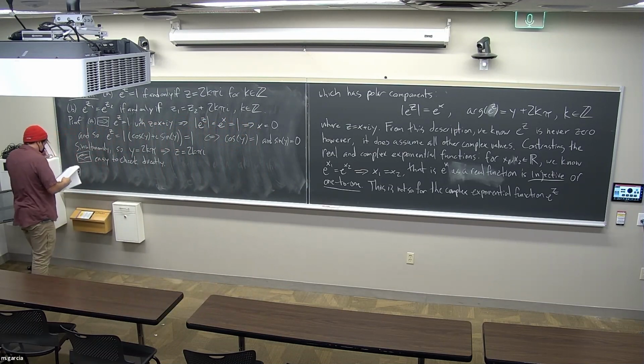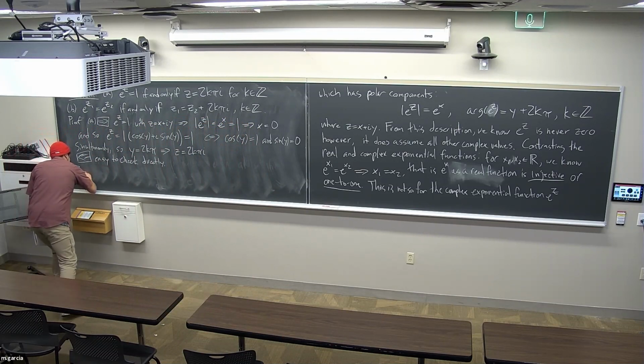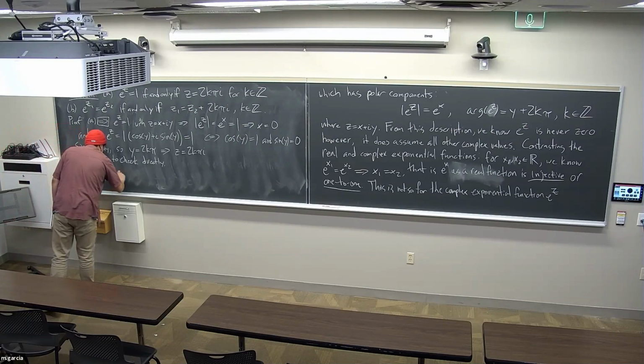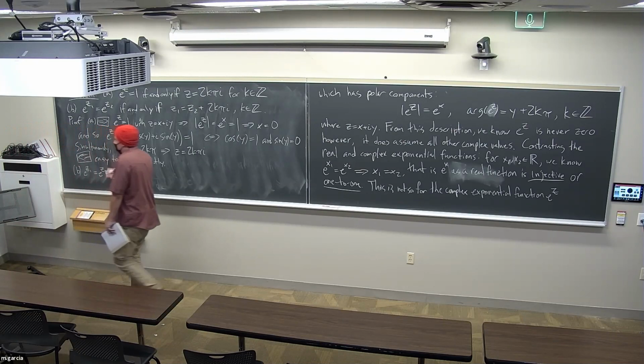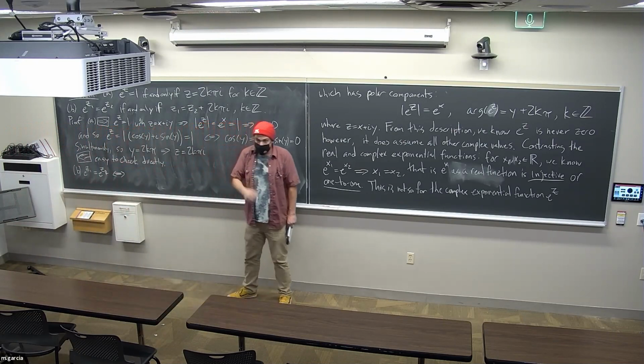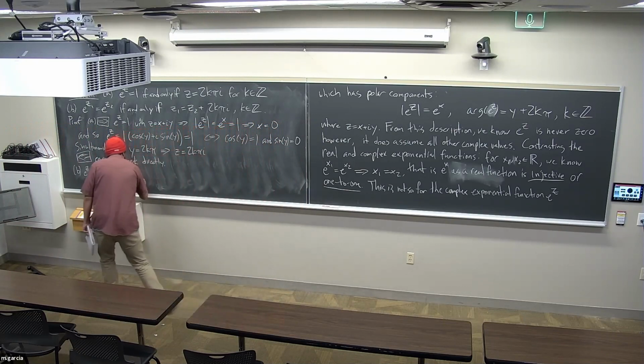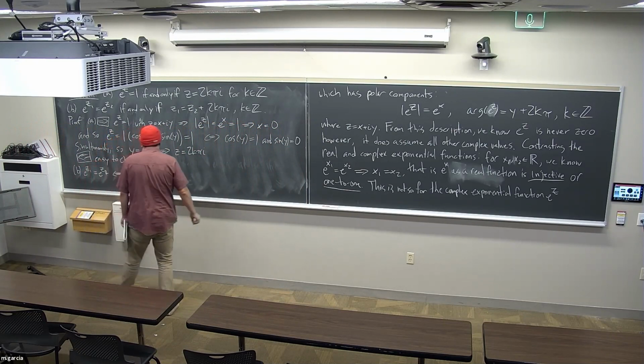So, for B, let's start with what we said first as our assumption. e to the z1 is equal to e to the z2. Well, remember, I told you that the usual rules of exponents apply here. So I can divide both sides by e to the z2 and get e to the z1 minus z2 is equal to 1.